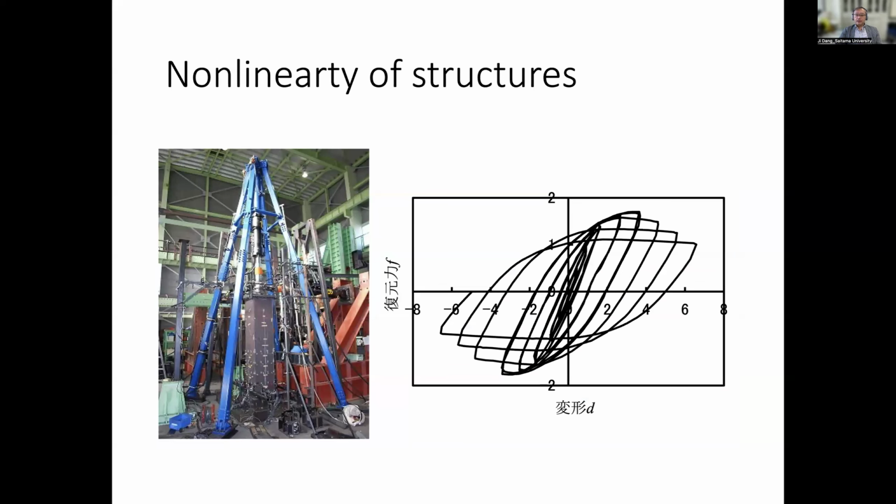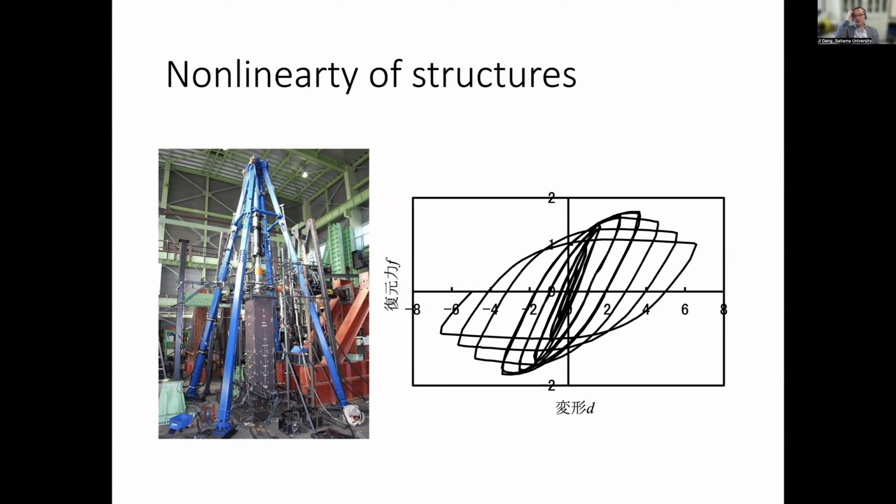So actually, until now, we used a linear relationship of displacement and restoring force F. But in actual structures, they are, in some cases, highly nonlinear hysteresis of displacement and force relationship, if you load them using earthquake-like cyclic loading waves.